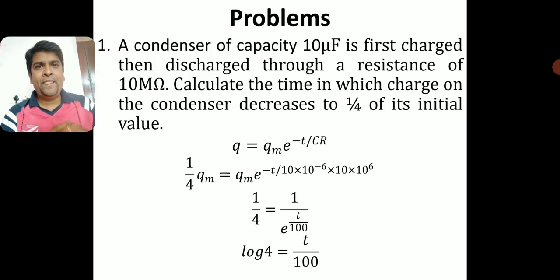Alright. Now, a condenser of capacity 10 microfarad is first charged and then discharged through a resistance of 10 megaohm. Calculate the time in which the charge on the condenser decreases to 1/4 of its initial value.